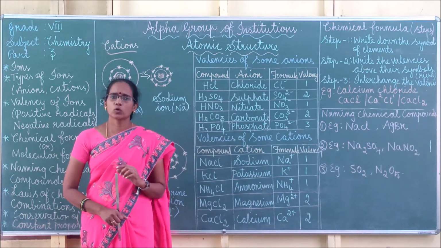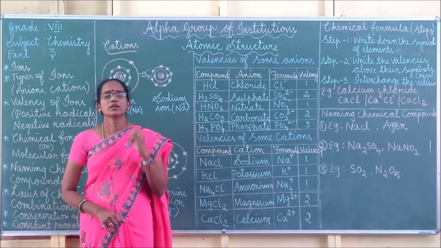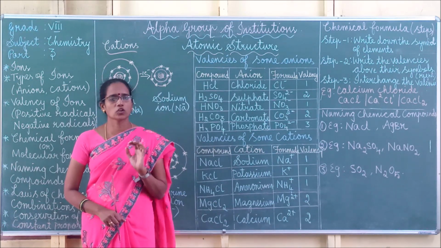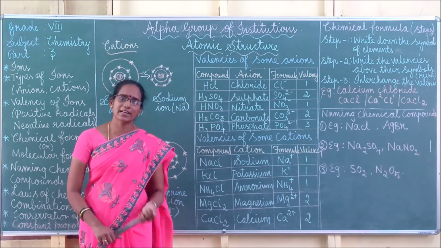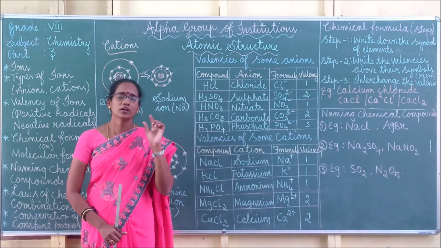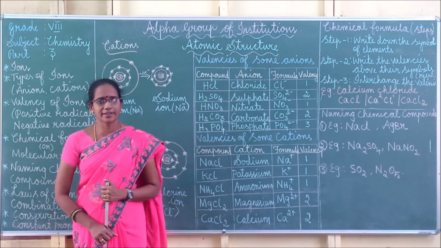Next one, trivalent ion. Trivalent ion means elements with valency 3 are called trivalent ions. For example, we can take aluminium, boron. Right, children? Now you know the difference between monovalent ion, divalent ion as well as trivalent ion.